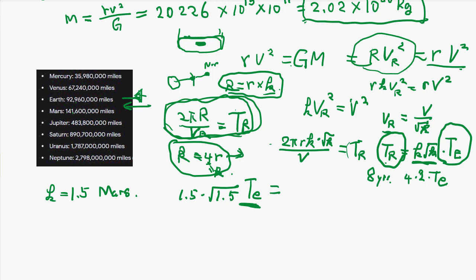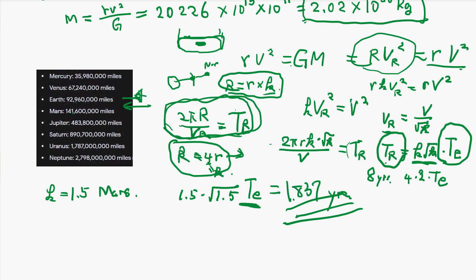Square root, where's square root? 1.5 times 1.5. So 1.837 years. So Mars is going around at 1.837 times.